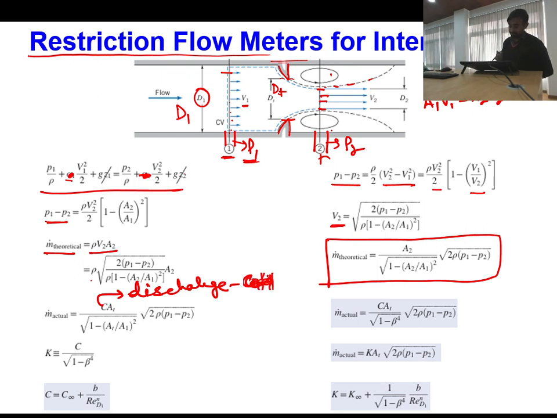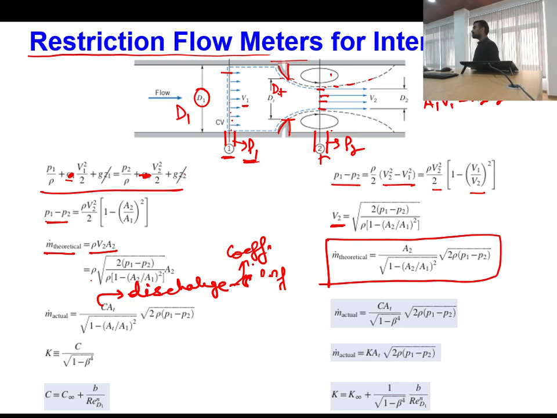So whatever my theoretical flow rate was, I have multiplied it by some coefficient C, such that I can get the value of my actual flow rate.